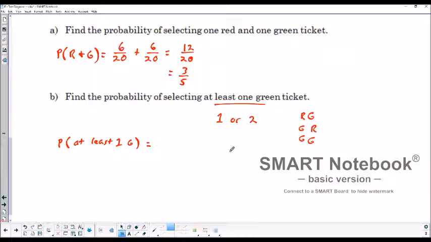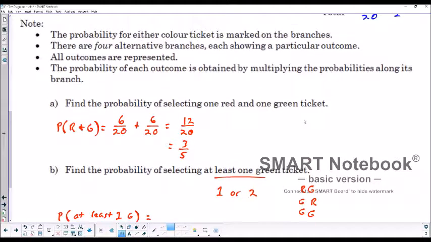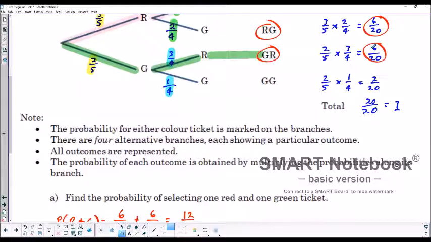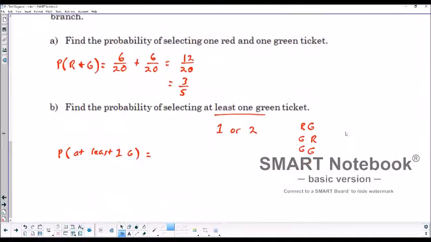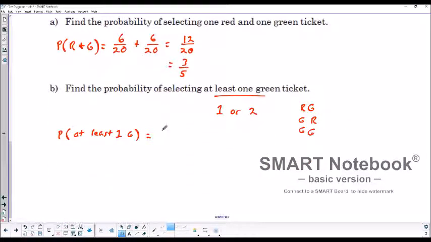We can either add those three probabilities together, which we'll do. So there's a 6 out of 20 probability of selecting red then green. Then there's a 6 out of 20 probability of selecting green then red. Or there's a 2 out of 20 probability of selecting green then green. So that gives us a probability of 14 out of 20, which is 7 out of 10, which is 70% probability of us selecting at least one green ticket.